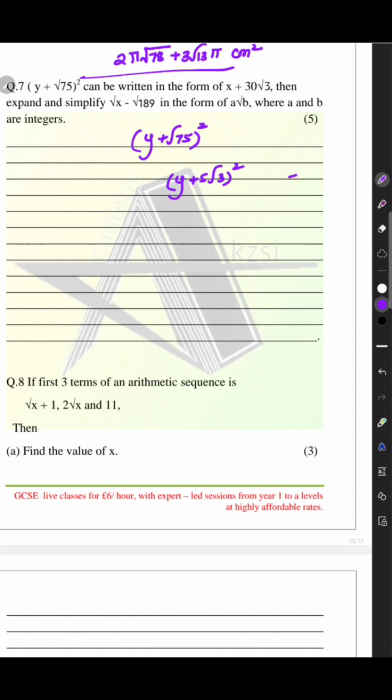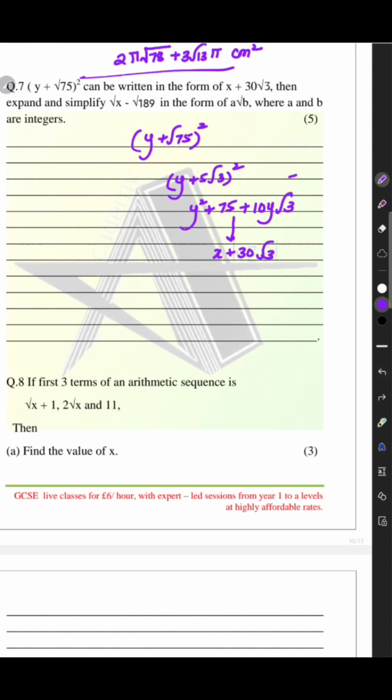Then if I expand this, y plus 5 root 3 times y plus 5 root 3 can be written as y squared plus 75 plus 10y root 3. This can be written as x plus 30 root 3, that's mentioned up here.